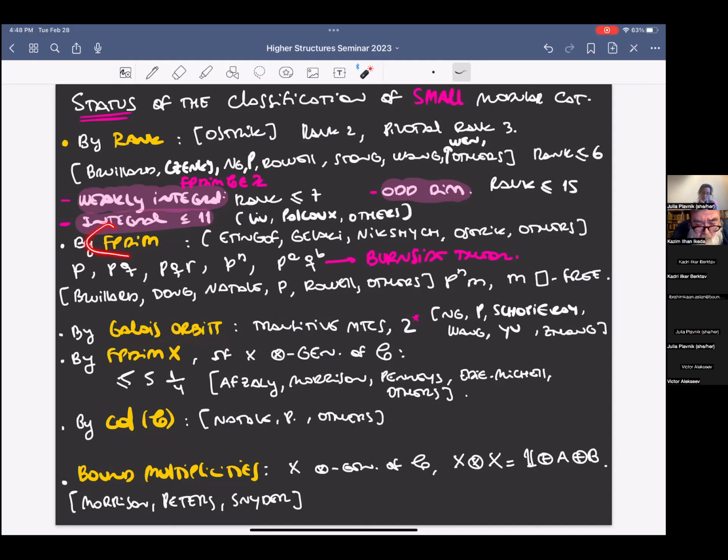The other thing here was the Frobenius-Perron dimension of C, maybe let me say here. But the other thing that people were studying was the dimension of an object that generates your category. This comes a lot from subfactor theory. So there is work of Afzaly, Scott Morrison, Dave Penneys, Izumi, and others. And there are classifications up to this dimension of the generating object.